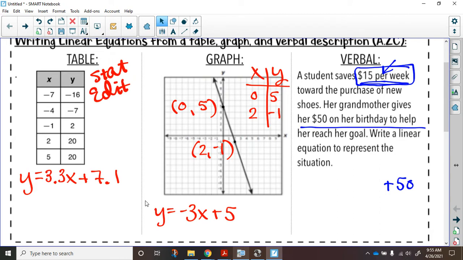So I have 15x because we don't know how many weeks she is going to be saving for these shoes. And the beginning of this equation is y equals, because we don't know the total price. So our final equation is y equals 15x plus 50.